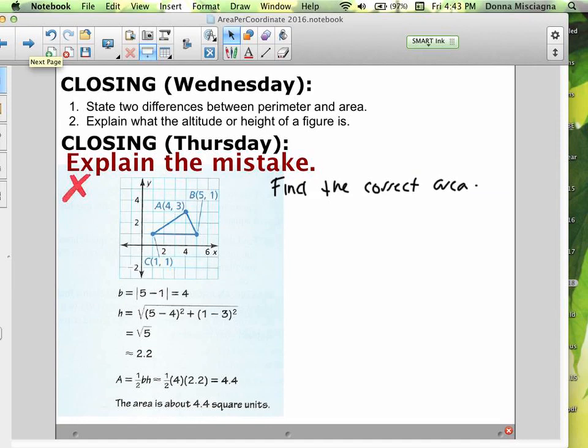The 2 for Wednesday, which was state 2 differences between perimeter and area, and number 2, explain what the altitude or height of a figure is. And then today's closing, explain the mistake and find the correct area. All right, and show your steps. Don't just tell me the number. All right, explain what they did, what was wrong, and then you find the correct one because this is wrong.